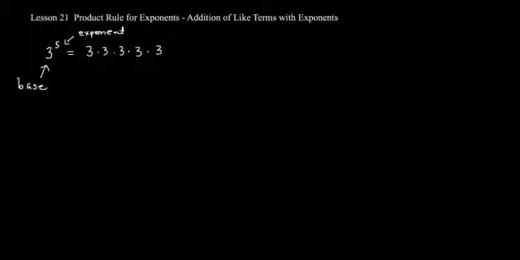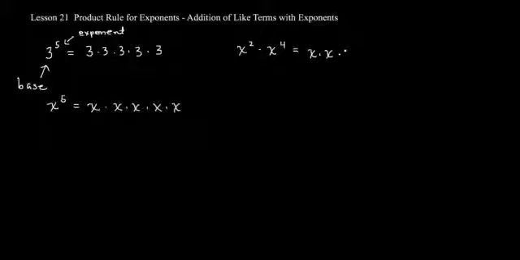Now, if we have variables, so say we have x to the 5th, that's the same thing as saying x times x times x times x times x. If we had x to the 2nd times x to the 4th, that would be the same thing as x times x times x times x times x times x.